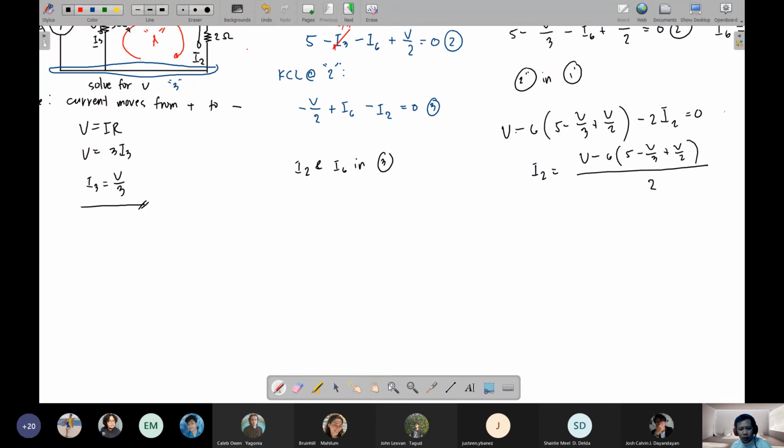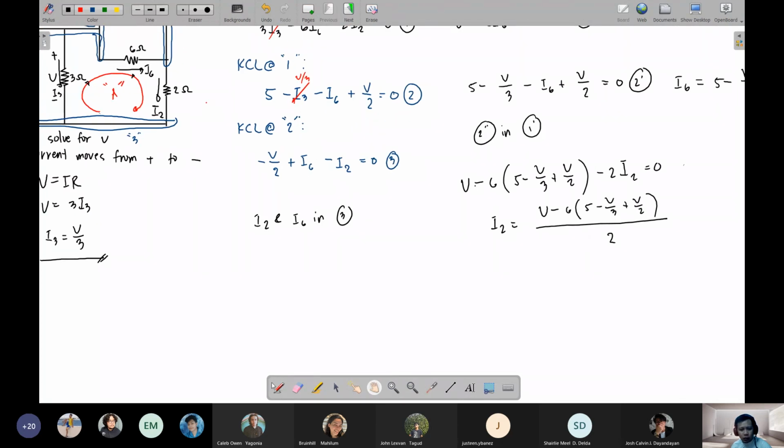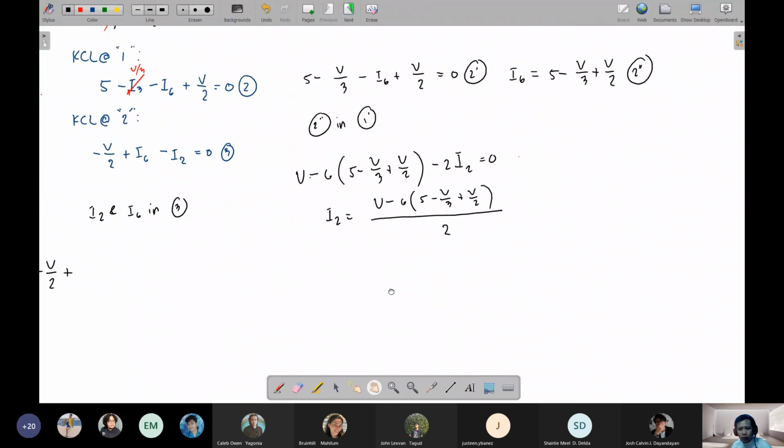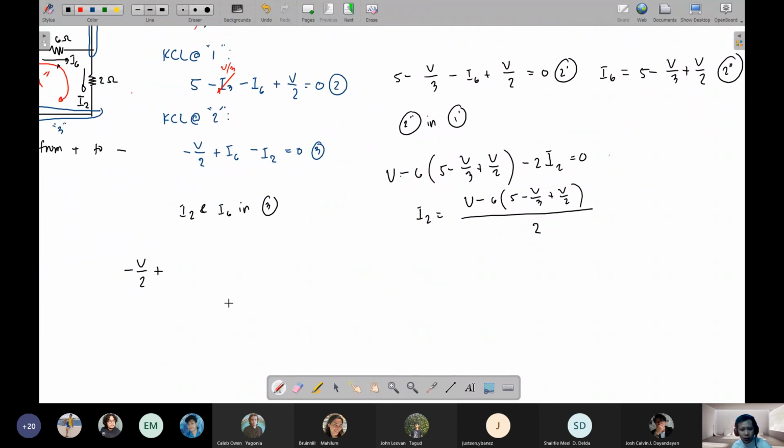So, I2 and I6 in equation 3. You first have negative V over 2. Then plus I6, which is 5 minus V over 3 plus V over 2.